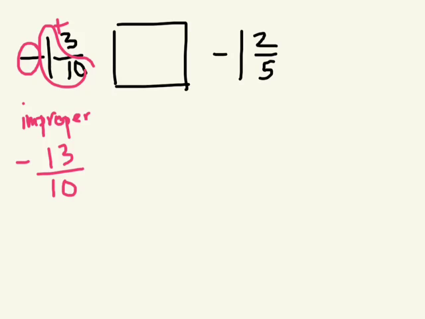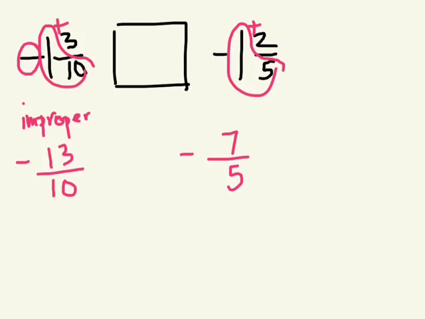What is -1 2/5 as an improper fraction? 5 times 1 plus 2, 7, and is it positive or negative? Good. It's not a 10. Oops, sorry, over 5. 7 over 5. Sorry about that. Okay, good. -7 over 5. Let's find the common denominator.